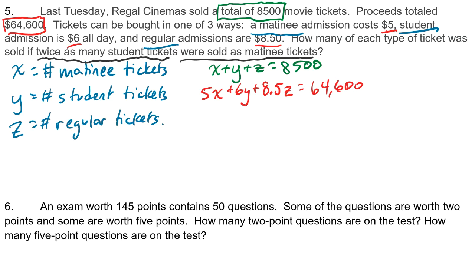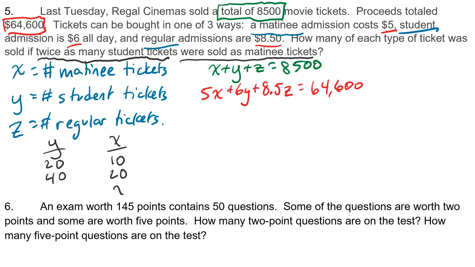Student tickets are y. Matinee tickets are x, right? So if we had, say, 10 matinee tickets, we know that the student tickets are twice as many, so it would be 20.